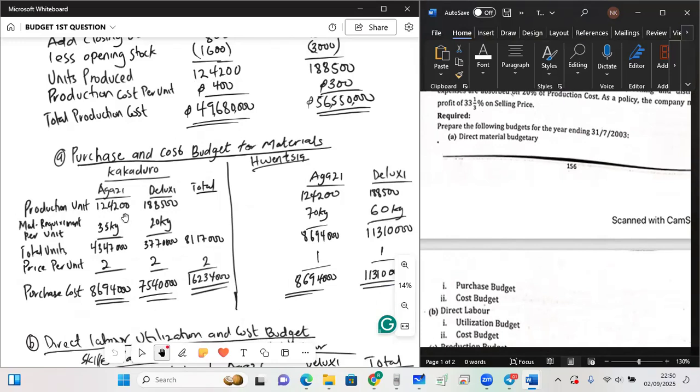So the unit that we want to produce is what is going to let us know the materials we need for the production, right? So the units produced up here are coming here. For Agazi, what we are having here is 124,200, which is repeated here and here.